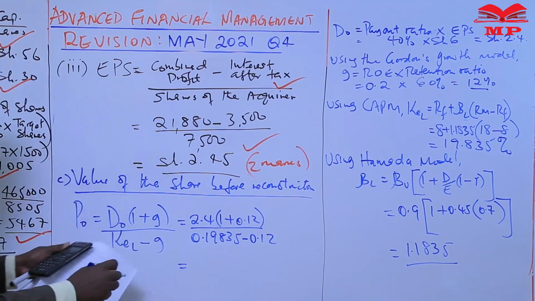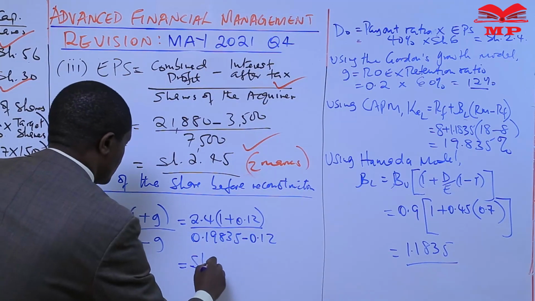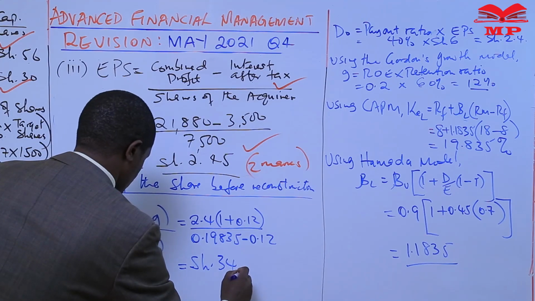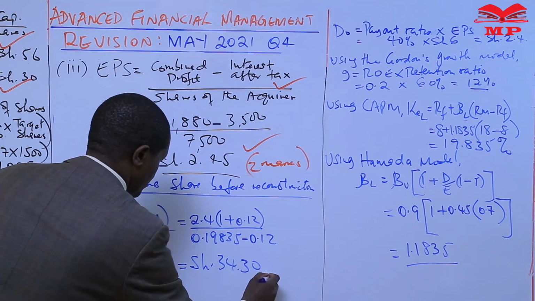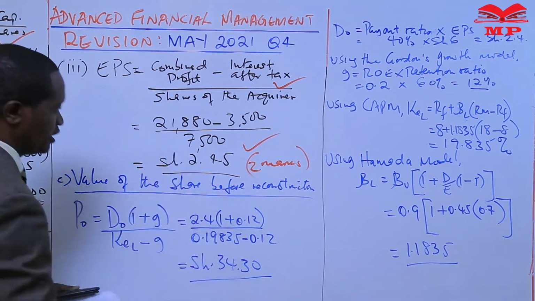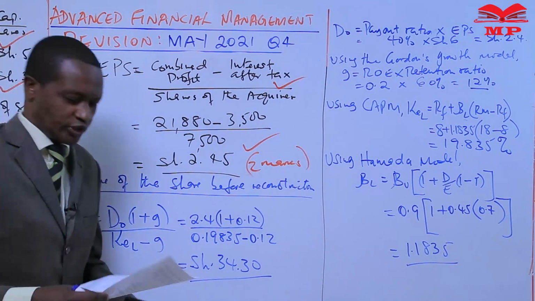This gives me shillings 34.30. That's the value of the share before reconstruction.